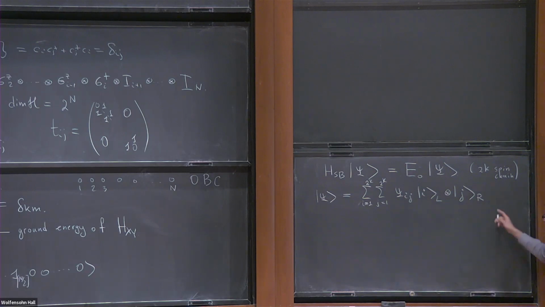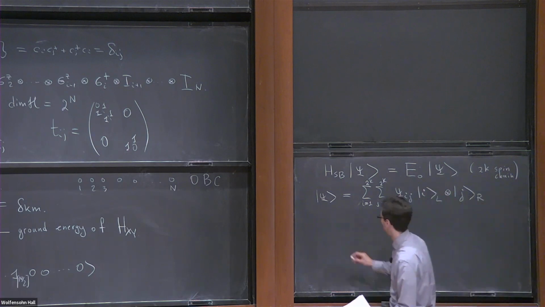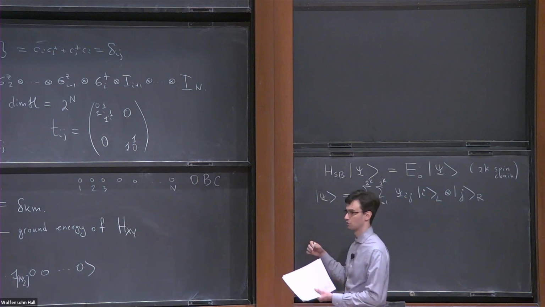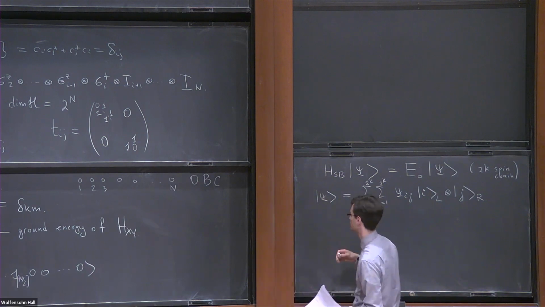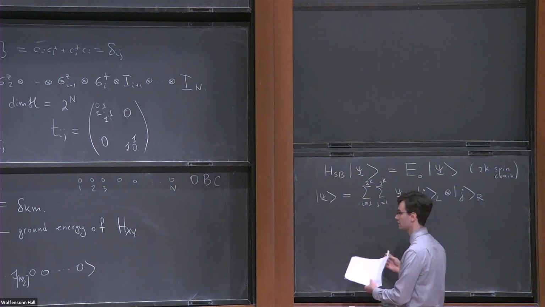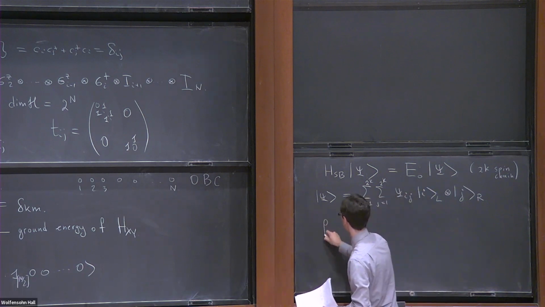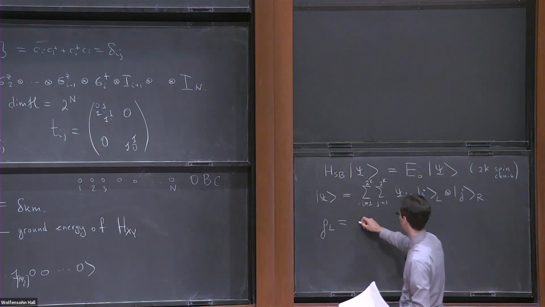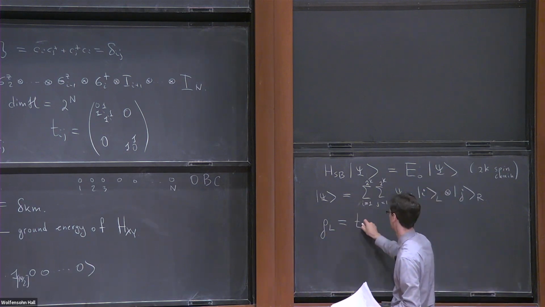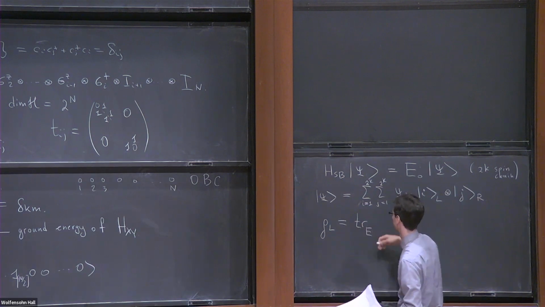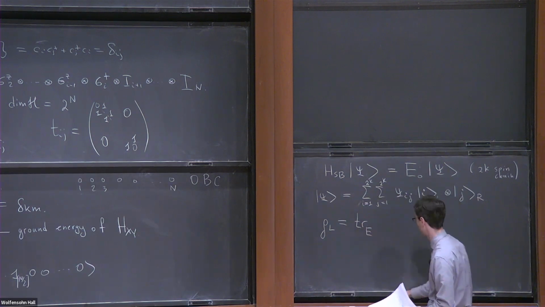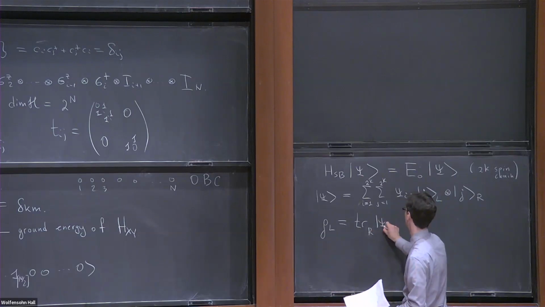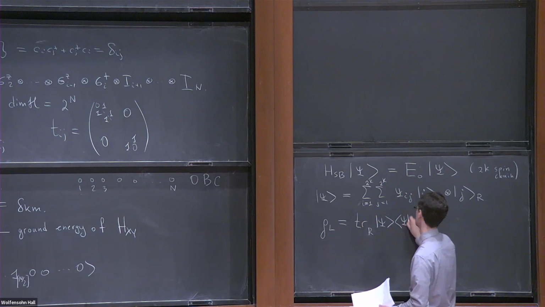Right. And at this point, I can define what we call the density matrix, for the left side block and for the right hand side block. So for the left hand side block, let me call it rho L, will be the trace over the environment, or trace over the right hand side states of my ground energy state psi.